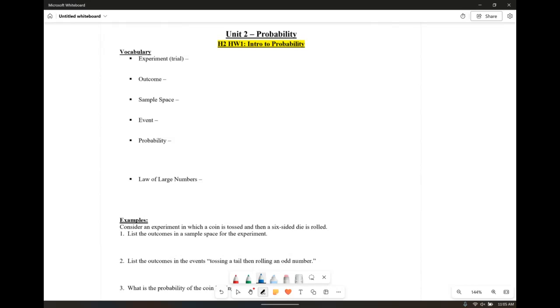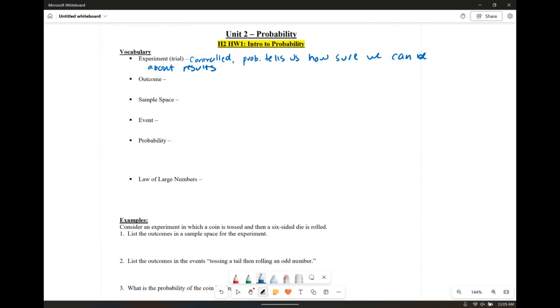An experiment or a trial, this is done with some control. And probability tells us how certain or how sure we can be about the results of some experiment, okay?